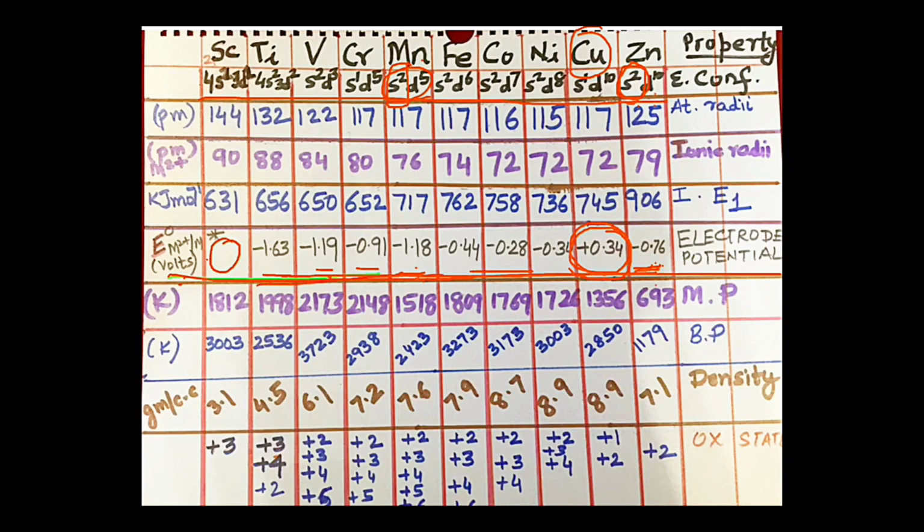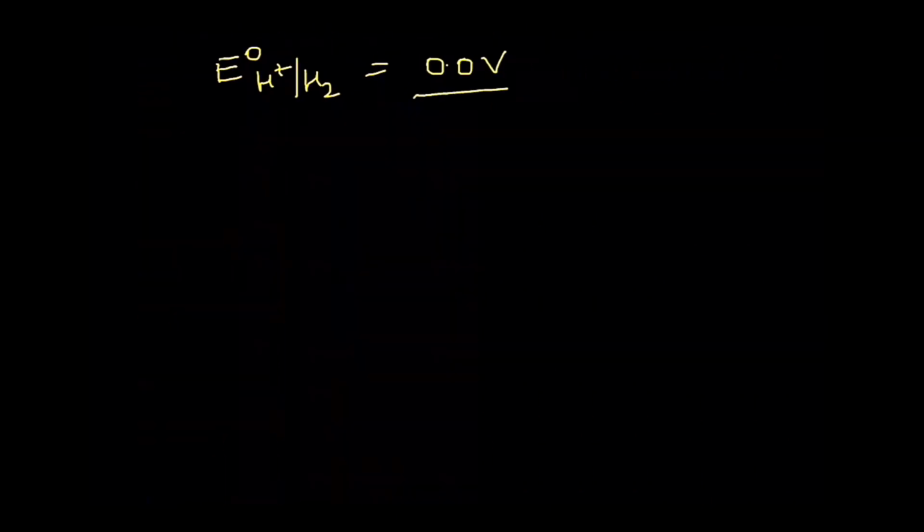All these negative values indicate something very, very interesting. Can you tell me what? Yes, that all of these metals except copper are capable of liberating hydrogen from its compounds, because the electrode potential of hydrogen is 0 volts, right?